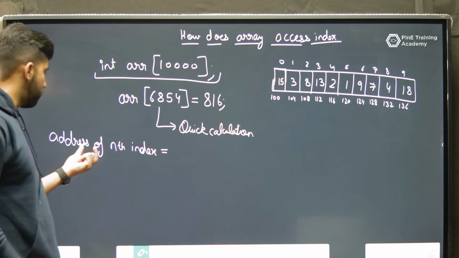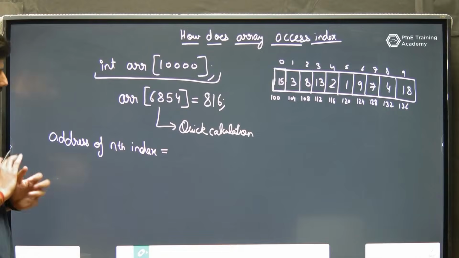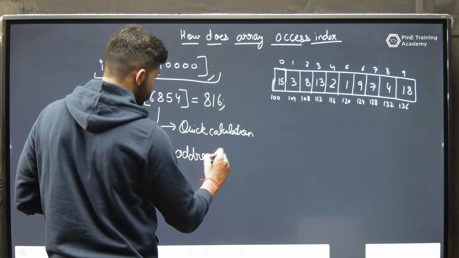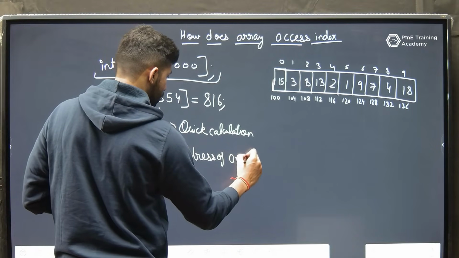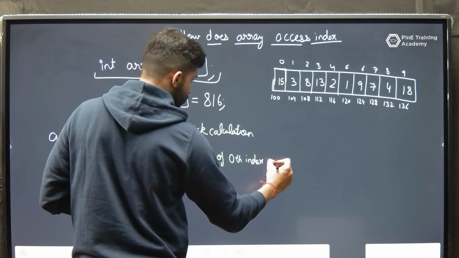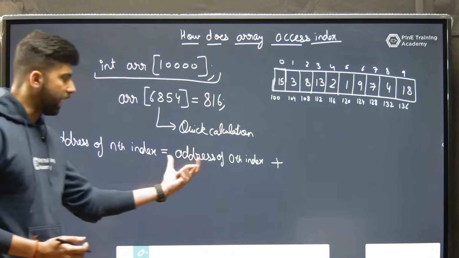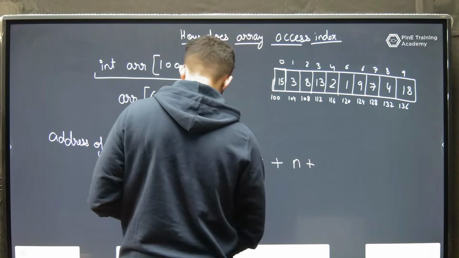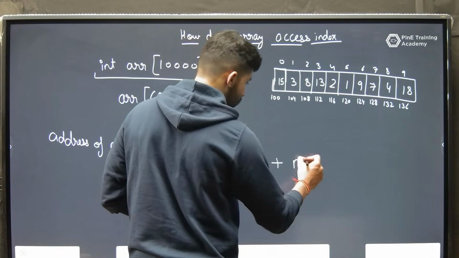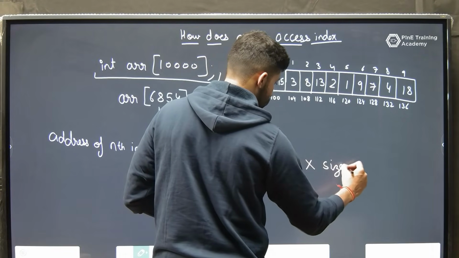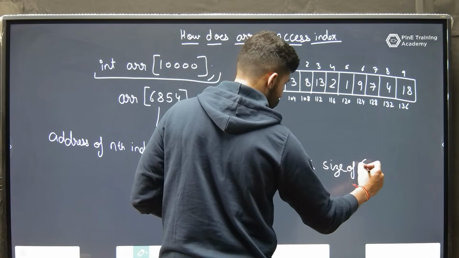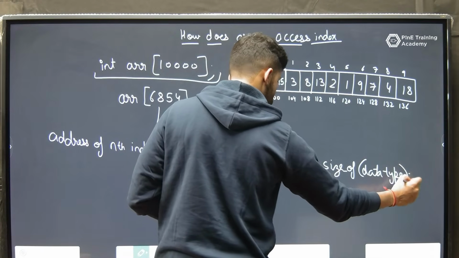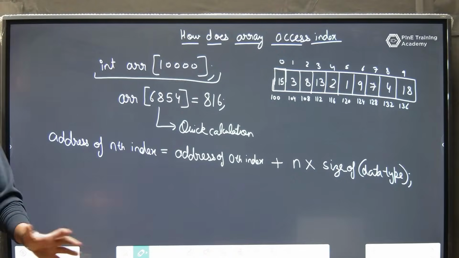If I want to find the address of any nth index, where n can be anything, it needs the address of the 0th index plus n multiplied by the size of the data type.